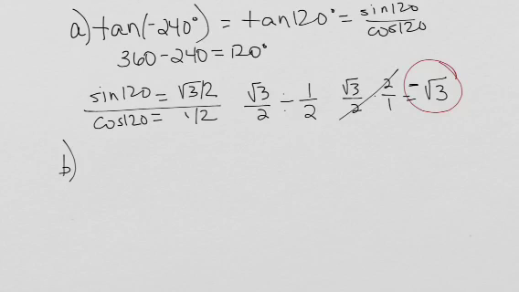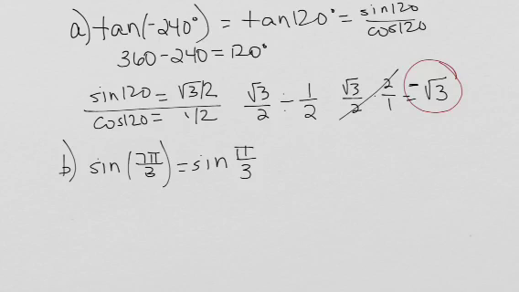Part B is asking me to evaluate the sine of 7 pi over 3. I know that 6 pi over 3 is a full 360, so this is going to be similar to the sine of pi over 3 after we've gone around the circle one full time.